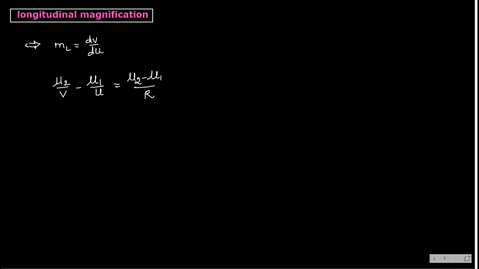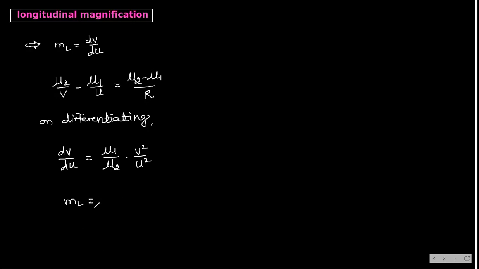So on differentiating, what we are getting, see, on differentiating this, we will get dv by du is equal to mu1 by mu2 into phi square by u square, and therefore ml is equal to mu1 by mu2 into phi by u whole square, that is your lateral magnification whole square, and therefore you are getting the formula, that is longitudinal magnification ml is equal to m square into mu1 by mu2.